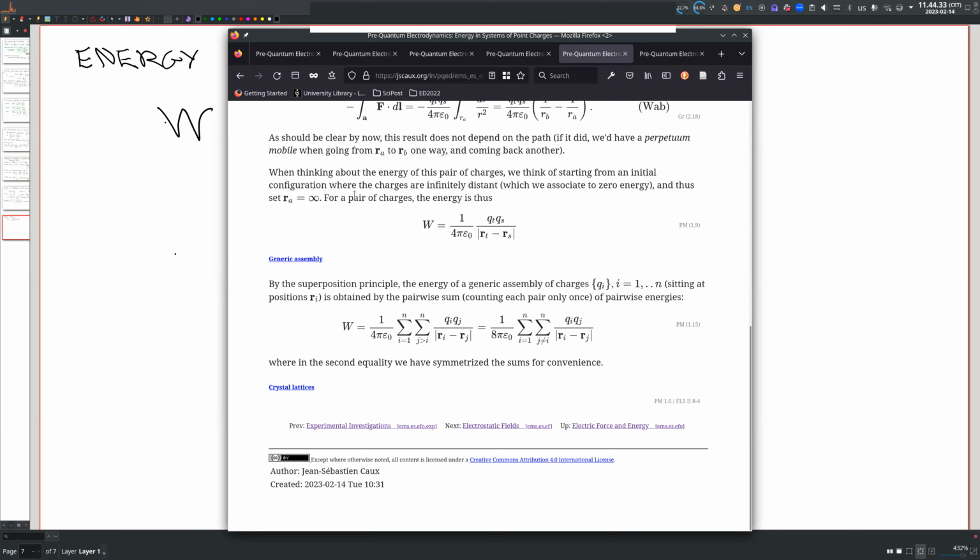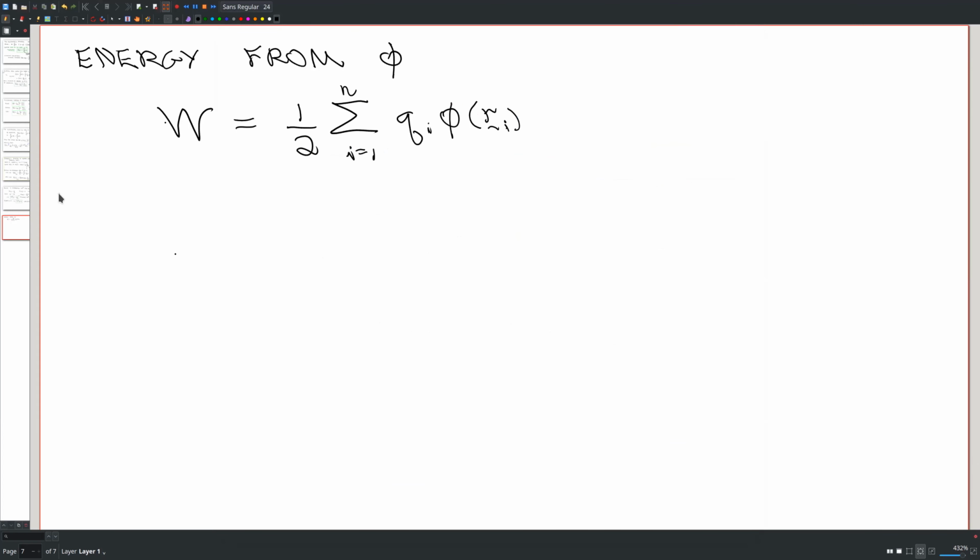So that's the way to get the total energy contained in the assemblage of these n point charges. That's the one that I write as W of PCD, the total energy of a point charge distribution.